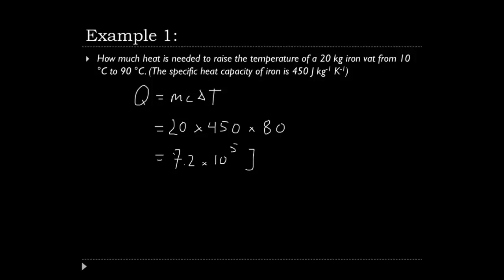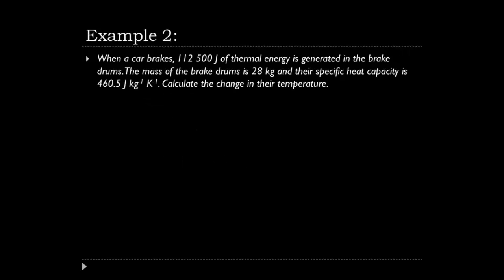Okay, next example. When a car brakes, 112,500 joules of thermal energy is generated in the brake drums. The mass of the brake drums is 28 kilograms and their specific heat capacity is 460.5. Calculate the change in their temperature.